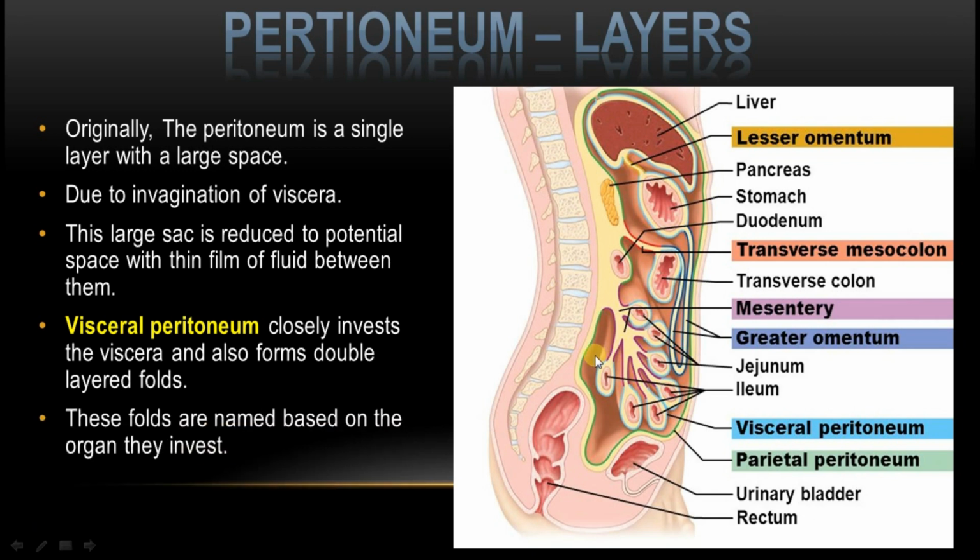Based on the organs they invest, we have different names: omentum, mesocolon, mesentery, and so on. Sometimes they are also called ligaments, peritoneal ligaments. All these we will try to see one by one.